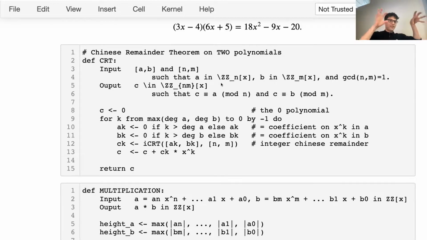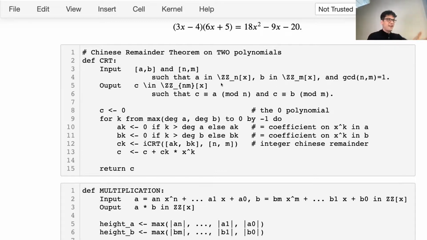Remember the integer one: I have a secret number, and I'm going to give you 2 images of that number, and you reconstruct the main number. We just have to do the same thing with polynomials. So there's a secret polynomial that has big int coefficients, and I'm going to give you 2 polynomials that are the images of it when you take a mod.